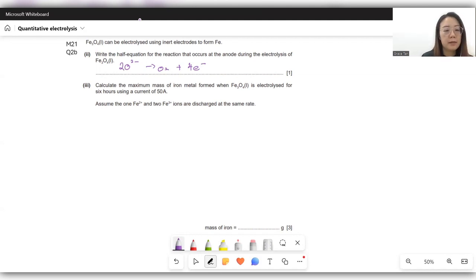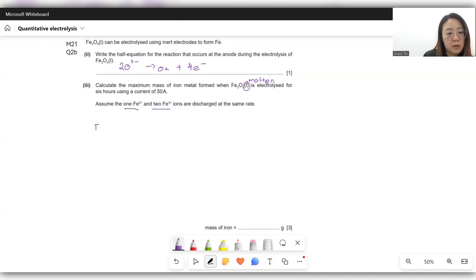Next, calculate the maximum mass of iron metal formed. The iron oxide is liquid, meaning the molten state. That means there is no aqueous, so there is no competition between the cation and the anion. You're the sole cation and the sole anion. It was electrolyzed for 6 hours with a current of 50 ampere. First, we have 1 Fe2 plus and 2 Fe3 plus.